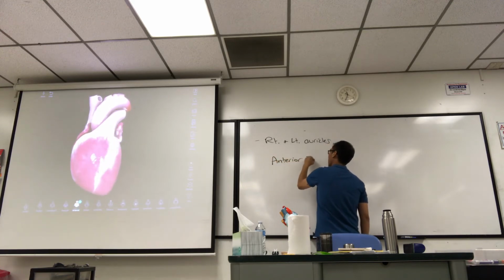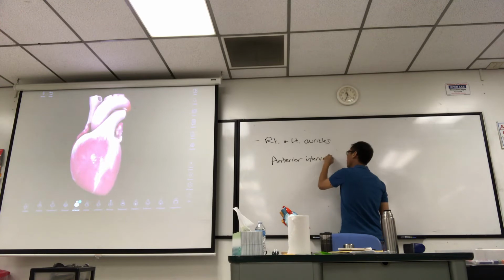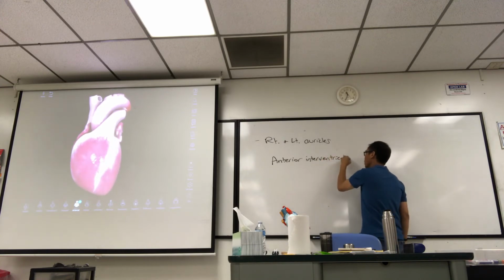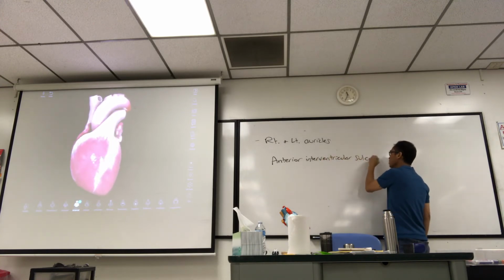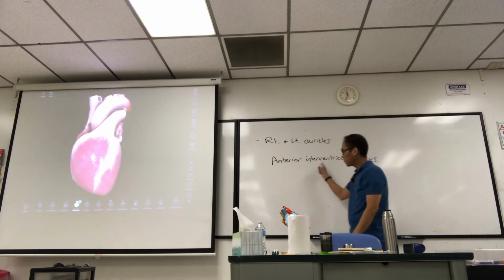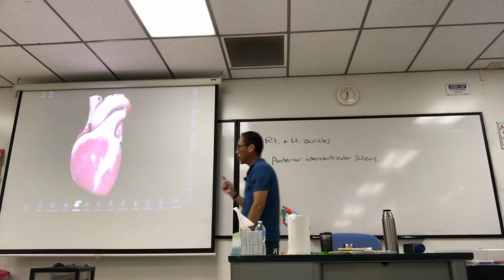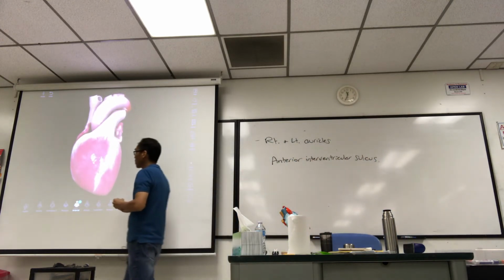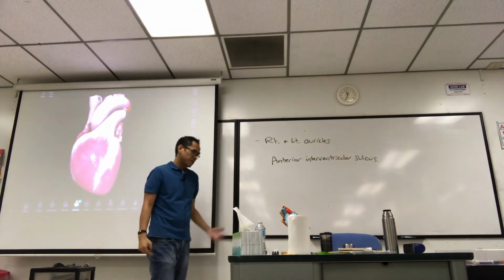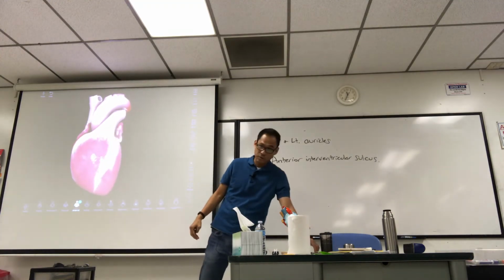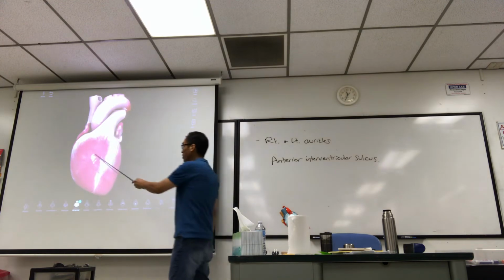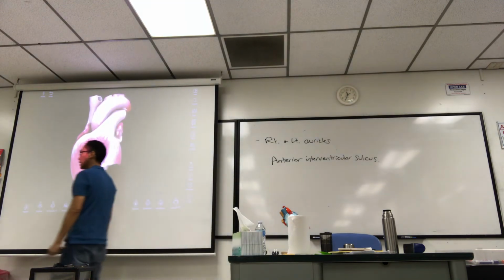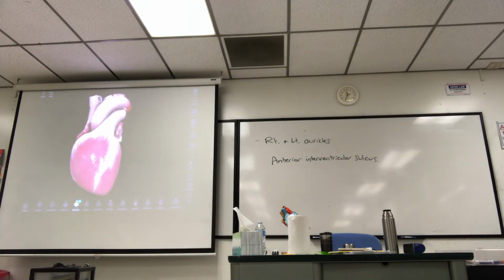A sulcus is a groove, and it happens to be right on the septum between the 2 ventricles, so that's why it's a landmark. You see it, you know the 2 ventricles. They're the big boys, the pumpers, the big muscle part of the heart.